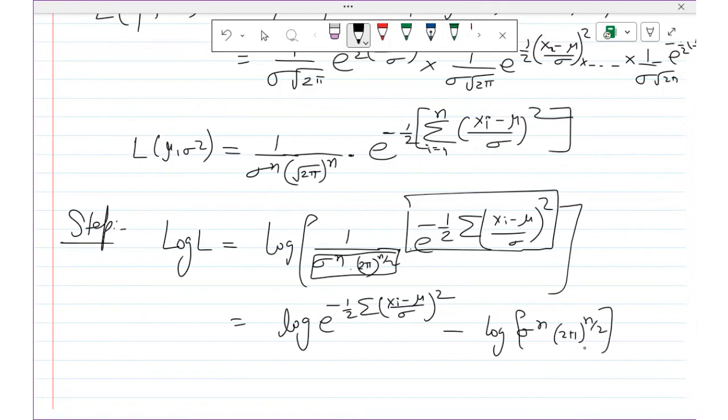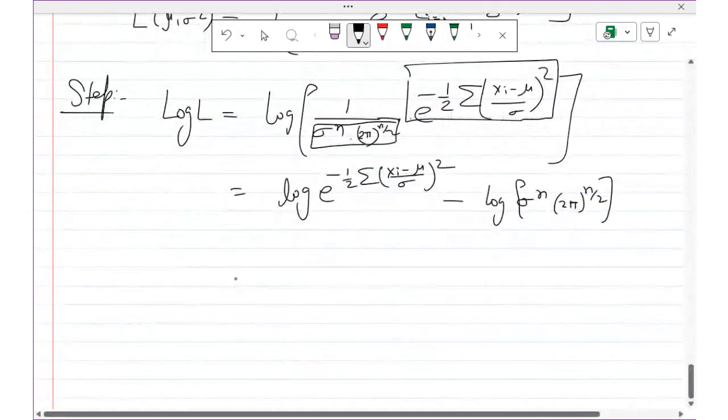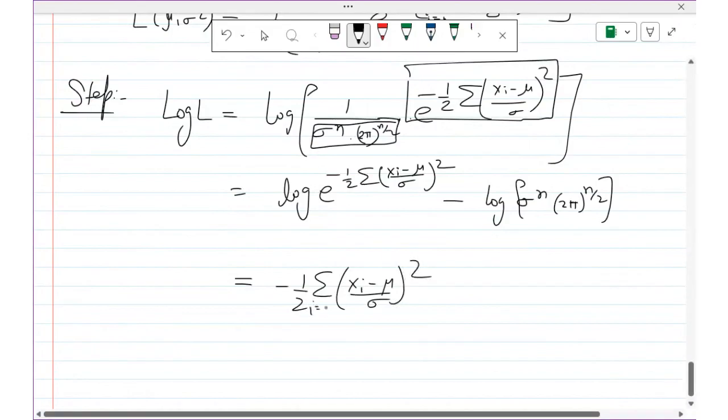Again I will apply the log of m into n property, then log m power n. In the first, applying log m power n, the power will come in front: minus half sum of xi minus mu divided by sigma whole power 2, i varying from 1 to n.